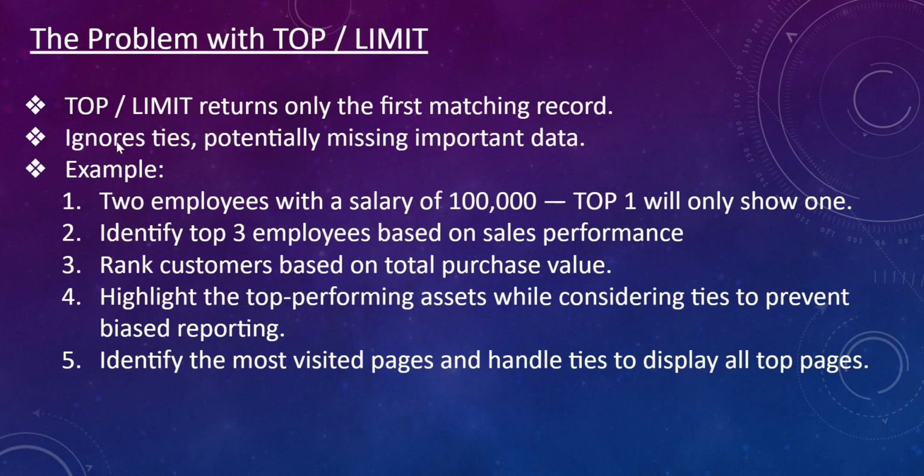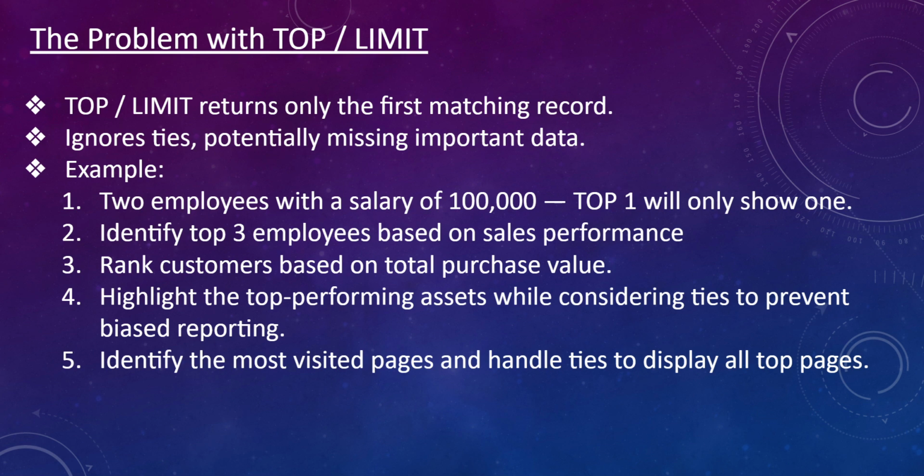So let's start. First, we will see what is the problem with TOP or LIMIT, because they will only return the first matching record and miss out all other important data. As in the example I mentioned, out of those 50 employees who have the highest salary, only one employee name will come in the final outcome and 49 employees' data will be missed out.